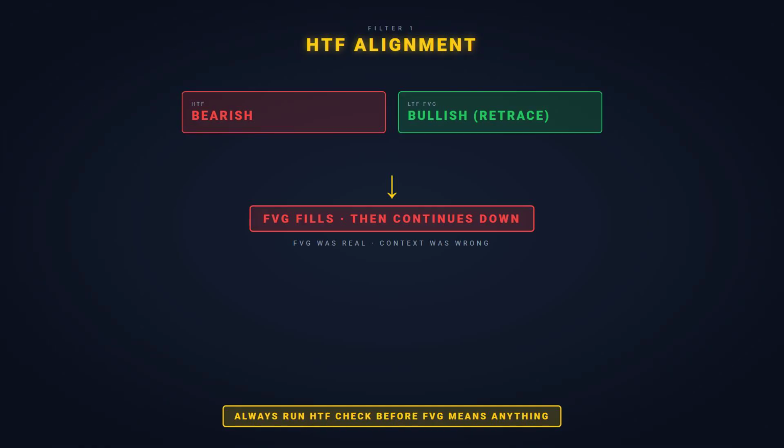If the HTF is bearish and price is retracing, a bullish FVG on the lower time frame will often fill and then immediately continue downward. The fill was the retrace completing itself. The FVG was real, the imbalance was real, but the HTF bias meant that filling the imbalance was part of the bearish continuation, not the start of a reversal. Always run the HTF structural check before the FVG means anything.